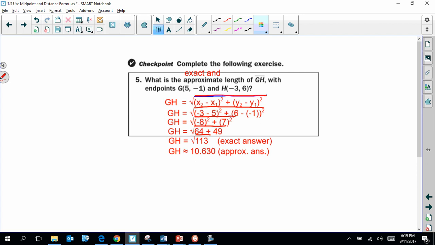Adding those numbers together, we get the square root of 113. Now, the number 113 does not have any perfect square factors, so the square root of 113 is where I would stop as the exact answer. But if I want the approximate answer for some reason, I would say 10.630.